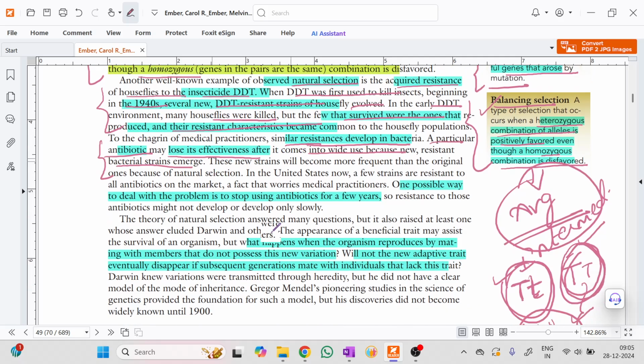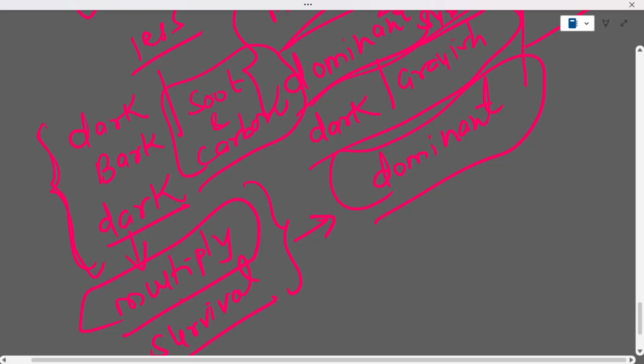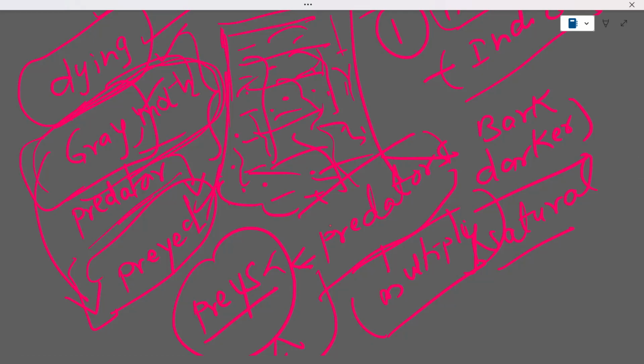So let's have a look at both scenarios. First is DDT resistance. DDT is a pesticide, a housefly killer. And now let's see how natural selection works on it.